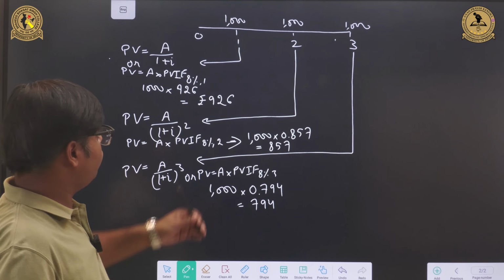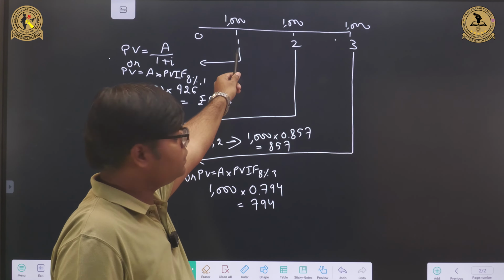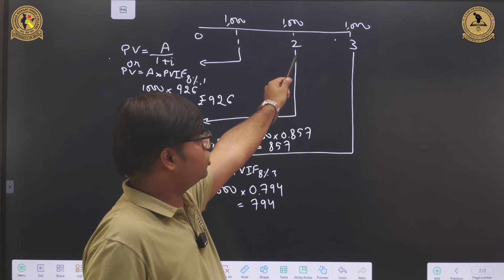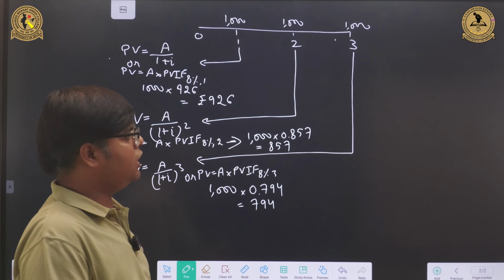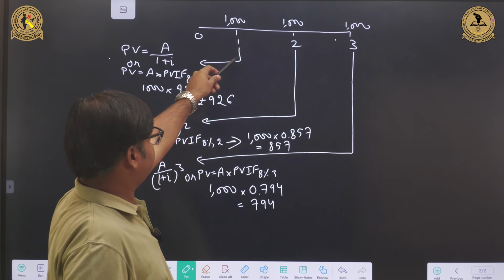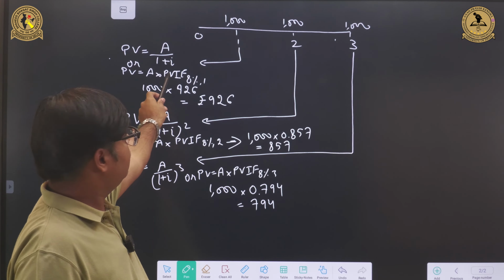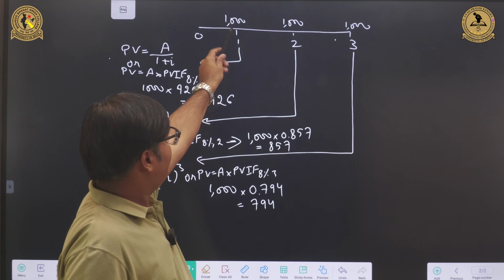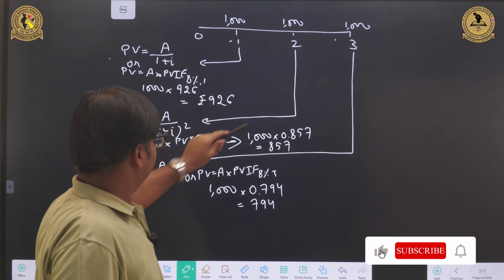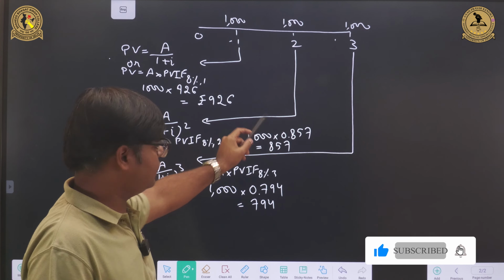So if I wish to withdraw 1000 rupees in year 1, 1000 rupees in year 2 and 1000 rupees in year 3. Now in such a scenario, the present value in this case will be the annuity amount multiplied by the present value interest factor at 8% for 1 year, which comes out to be 926 rupees.